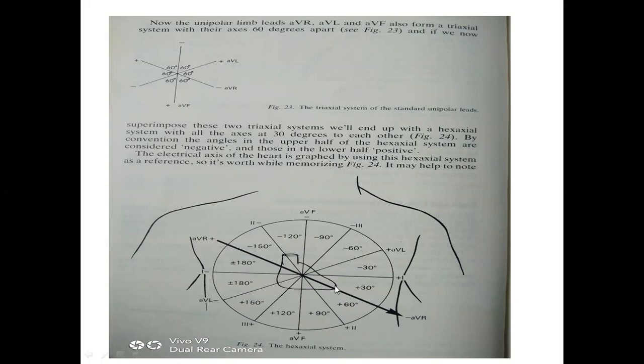For example, when the left ventricle enlarges, which is called left ventricular hypertrophy, commonly seen in cases of chronic hypertension or chronic cardiomyopathy, the size of the left ventricle becomes bigger. The heart starts rotating because the musculature of the myocardium becomes bigger. So the weight on this side becomes more, so it tends to rotate.